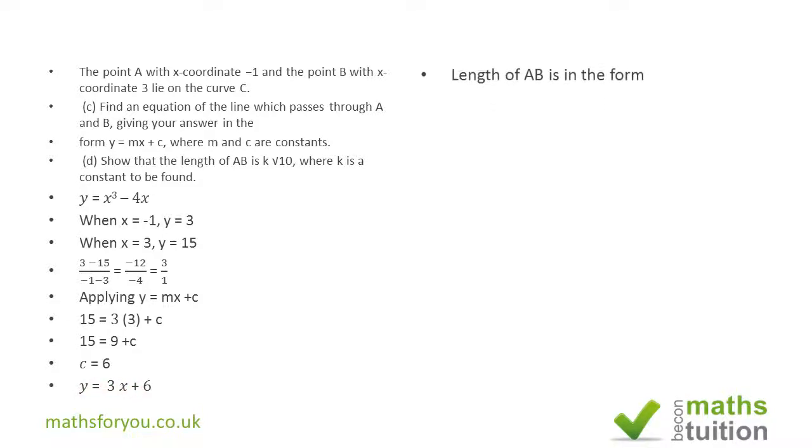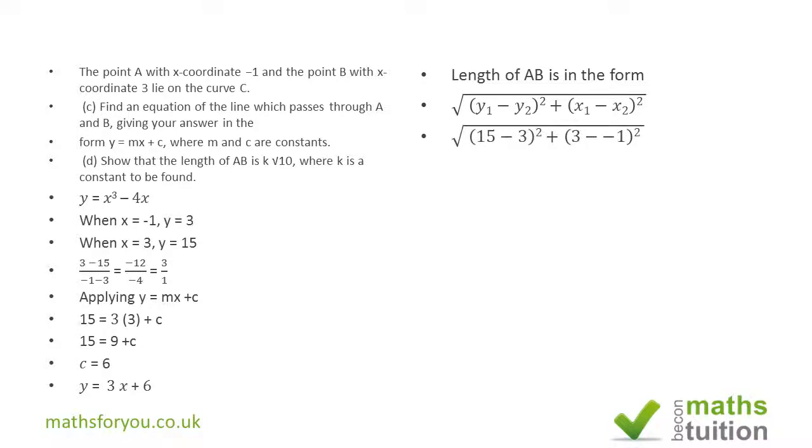We now need to find the length of AB. We're going to use the usual formula, the square root of y1 minus y2 all squared plus x1 minus x2 all squared, which is indeed the Pythagoras theorem formula. If we apply our y values and x values, we have 15 minus 3 all squared plus 3 minus minus 1 all squared. 15 minus 3 is 12, and 12 squared is 144. 3 minus minus 1 is 3 plus 1, which is 4, and 4 squared is 16.